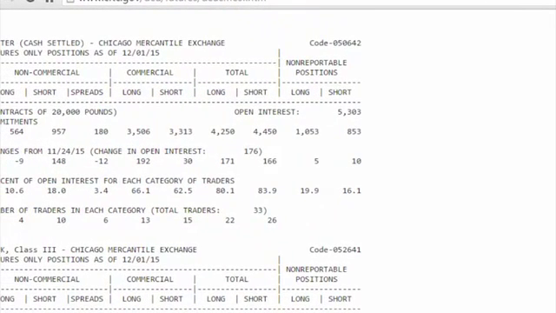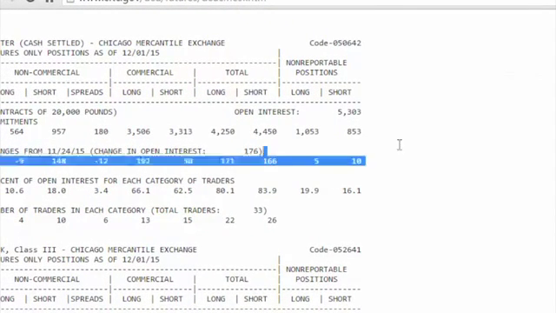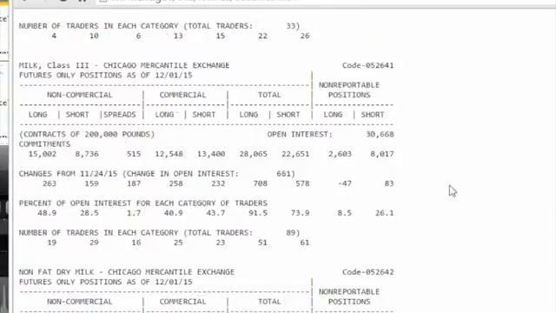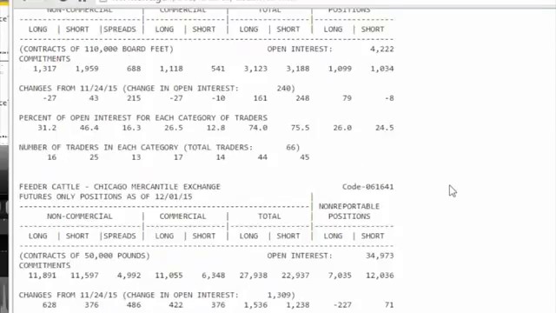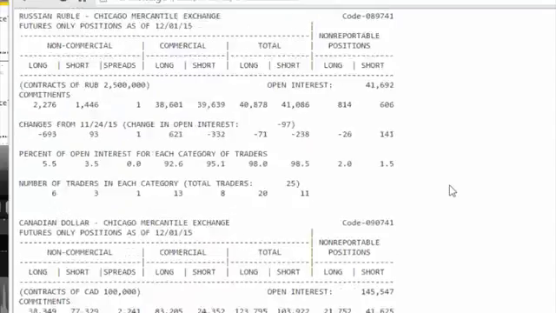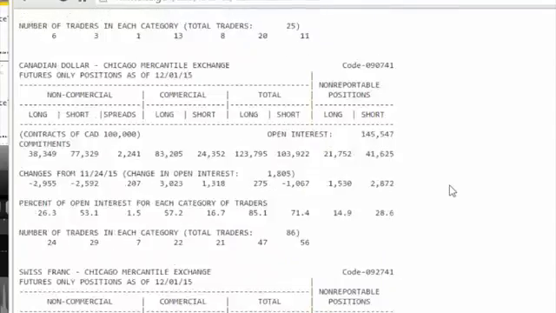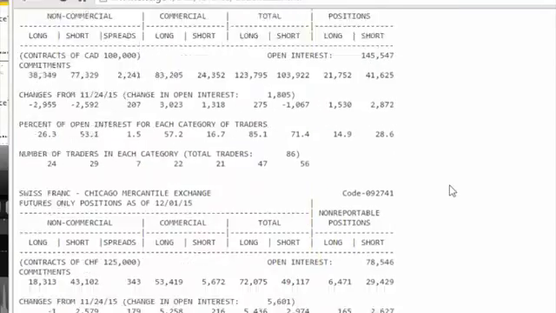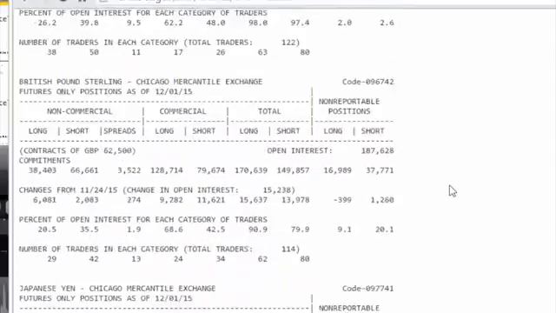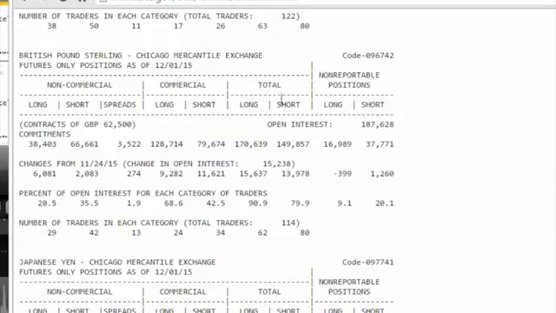And we see here different trading instruments. For example, milk, butter, it's not what we are analyzing. We need currencies, and here are currencies. You see the Canadian dollar, for example, that is Canadian dollar future, Swiss franc, Mexican peso, British pound sterling, and you see the total long and short open interest, non-commercial, commercial. So that is the primary source.